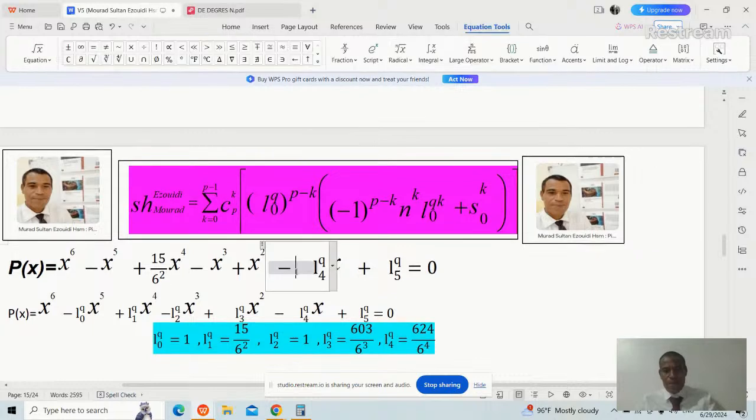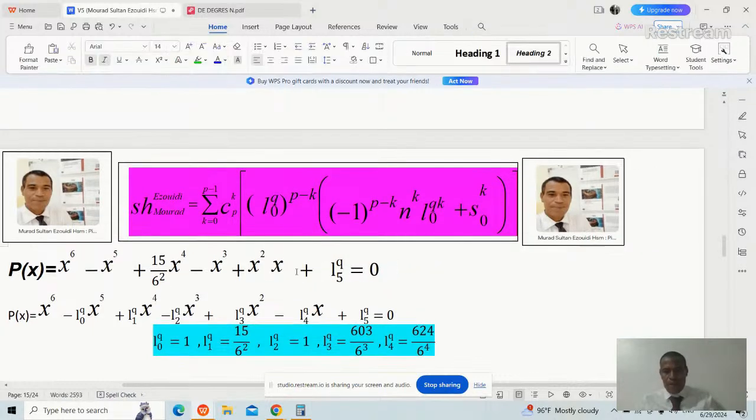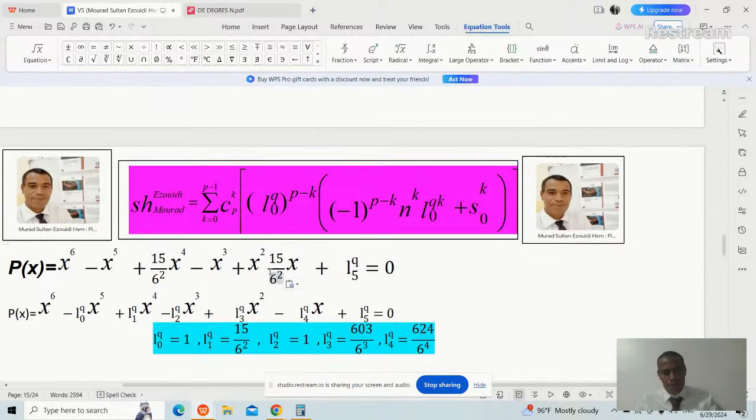Minus, okay, L3 plus L3, Control V. Here I will make plus, learners. Plus, okay, this is 603. 603 divided by 6 cubed, cube of 6.